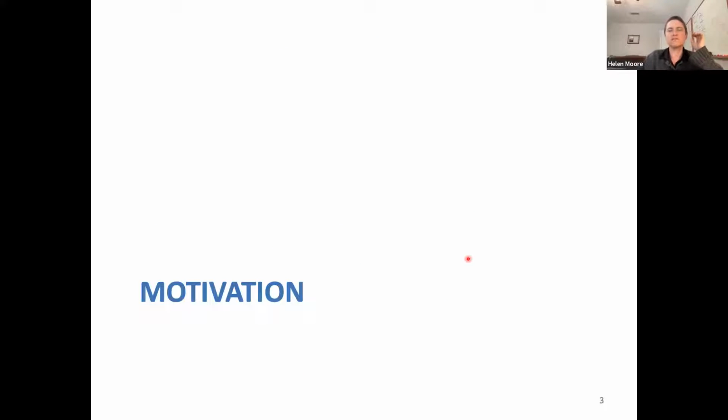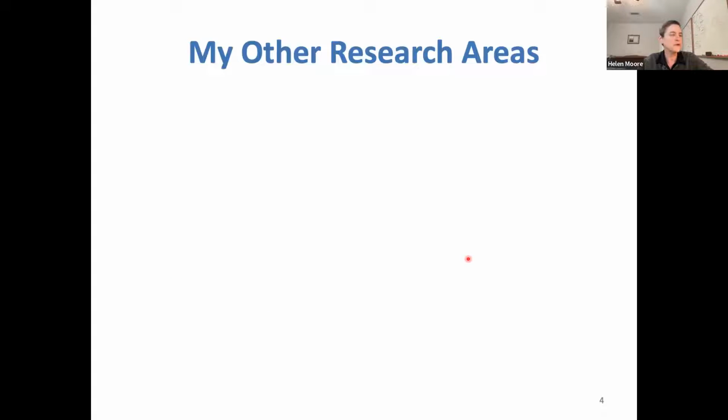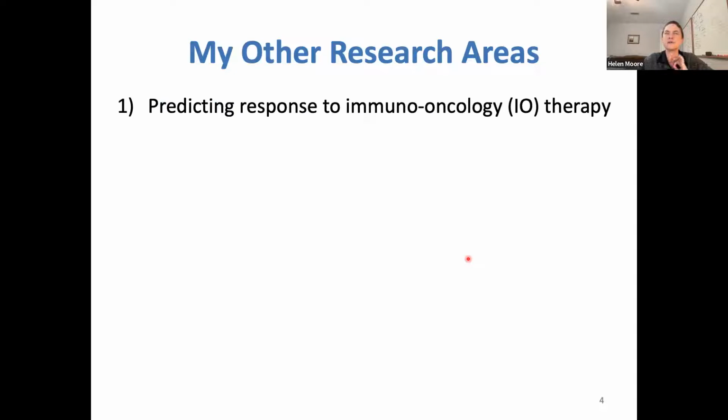I also want to share some of my motivation for this work. My other research areas outside of model evaluation include predicting response to immuno-oncology therapies. This is the one paper I got out of 15 years of very intense work, lots of projects, very fast.